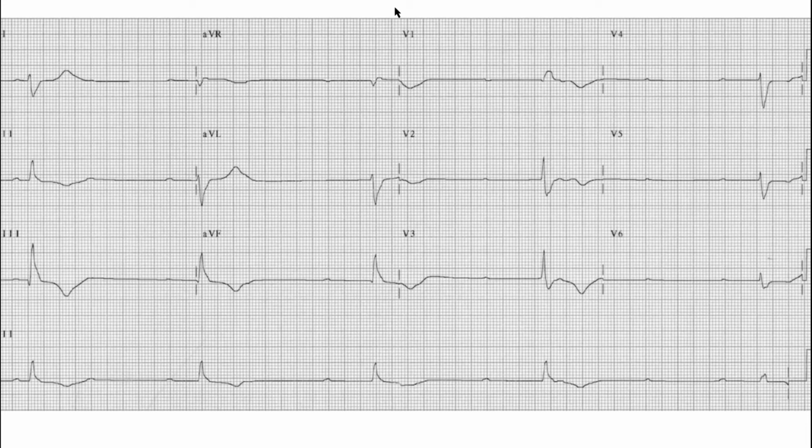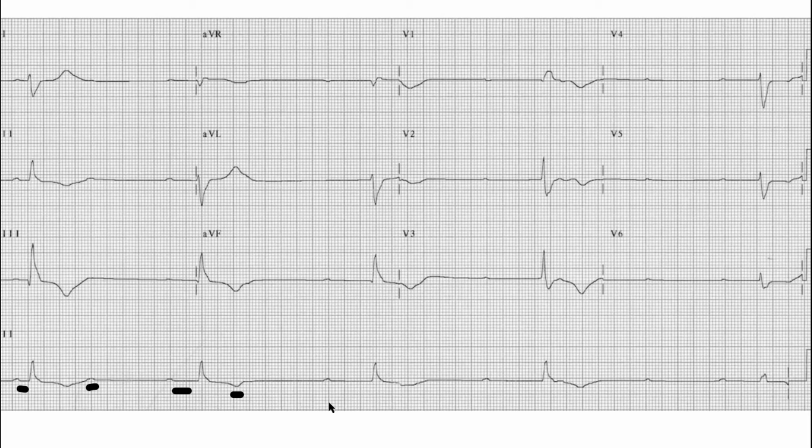So this is not a case of first degree AV block. Similarly, in Mobitz 1, there is progressive PR prolongation followed by a dropped beat. But here we can see that there is a PR interval and there is a P wave which is not being conducted, then there is a prolonged PR interval, then another P wave not being conducted. So this is obviously not Mobitz 1.